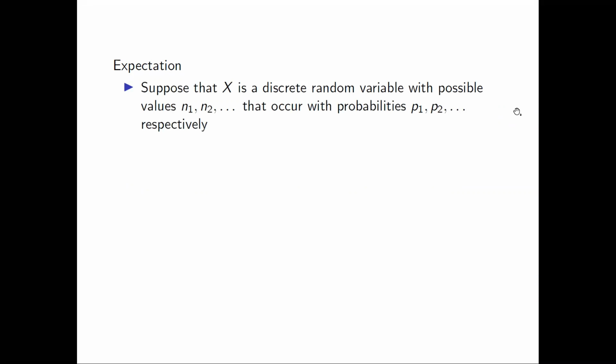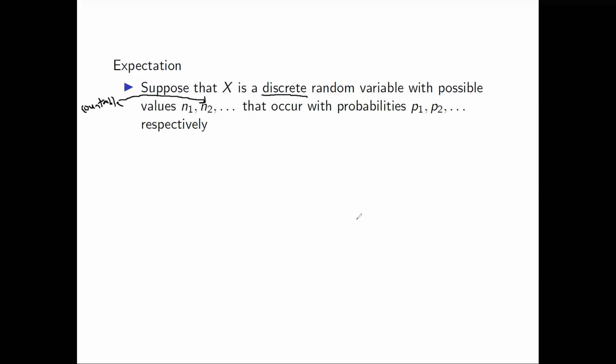So now we're going to move on to the second main topic of this video, which is expectation. So we'll suppose that we have a discrete random variable x, and we'll say that its values are n1, n2, n3, and so on. So this list of values is countable because x is a discrete random variable.